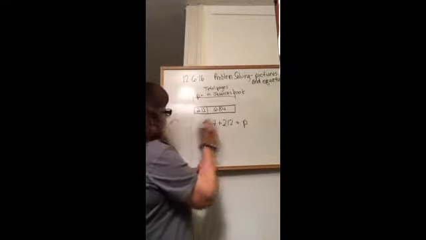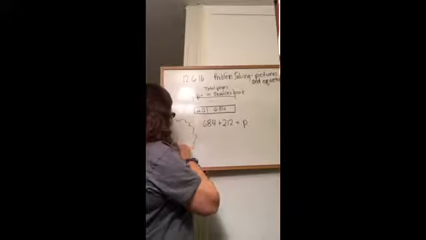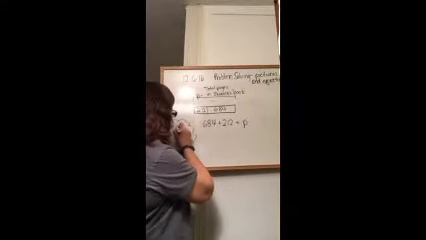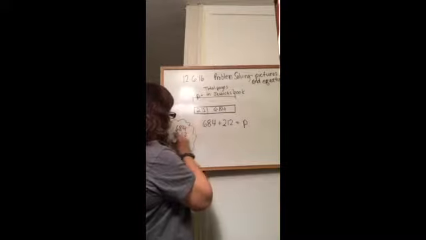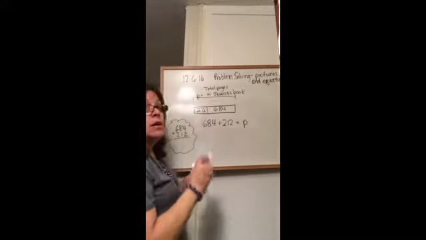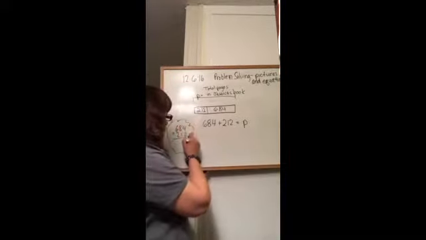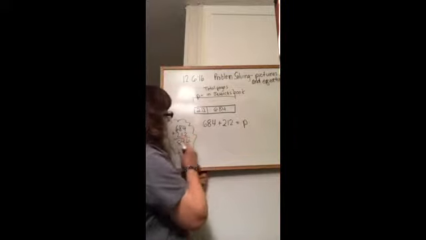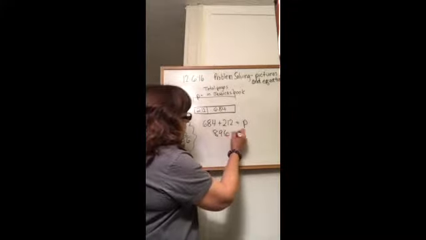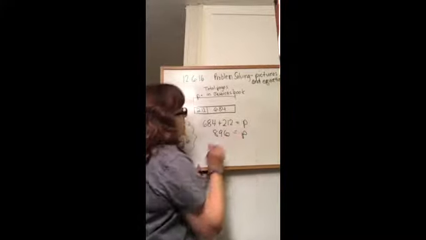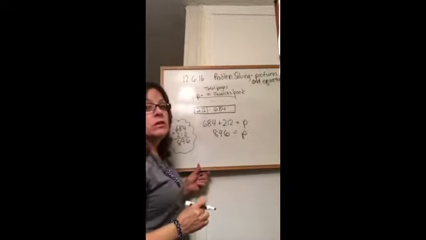You know I don't like to add horizontally, so I have to do vertical adding. And I'm just going to use my little cloud off to the side to help me figure. So 4 plus 2 is 6, 8 plus 1 is 9, 6 plus 2 is 8. So 896 pages is the total number of pages in Jessica's book.